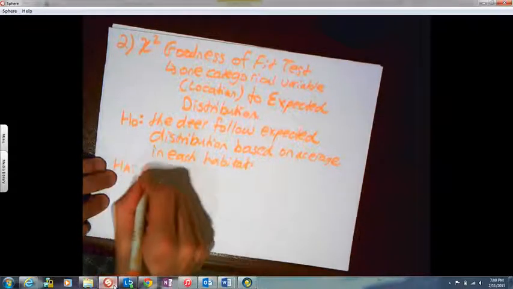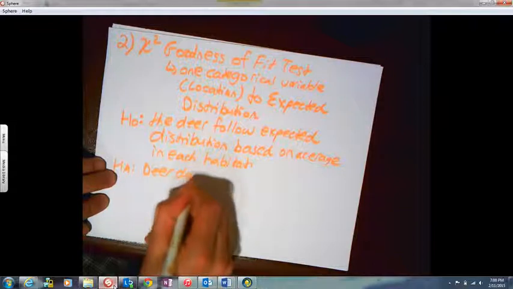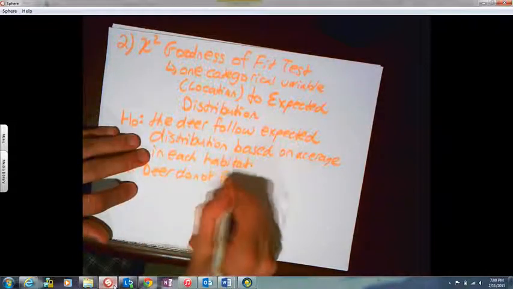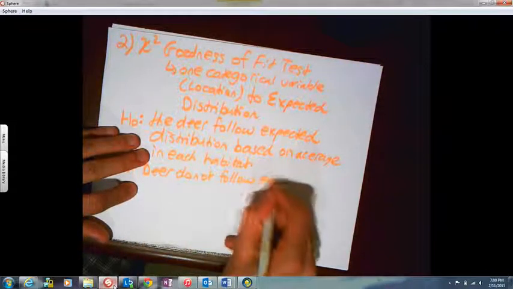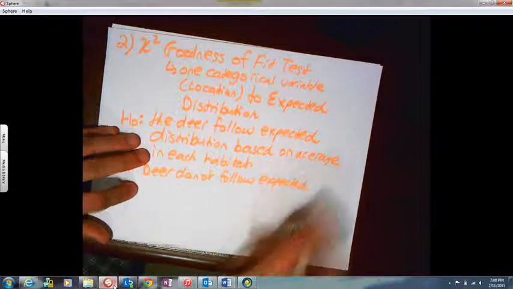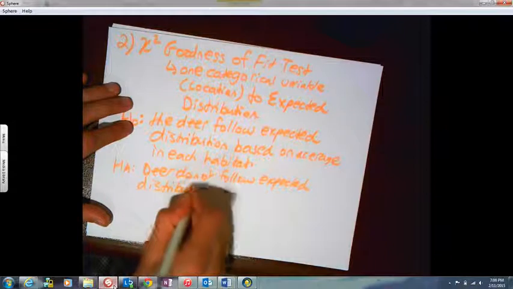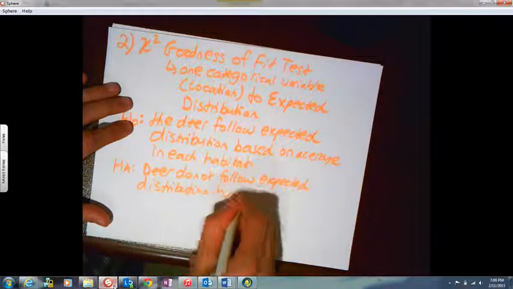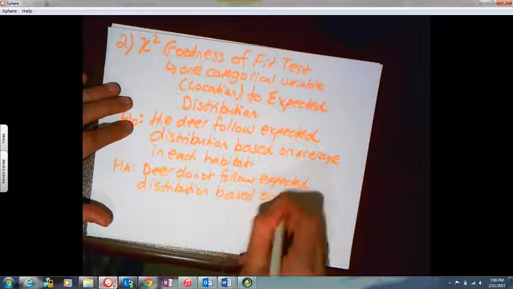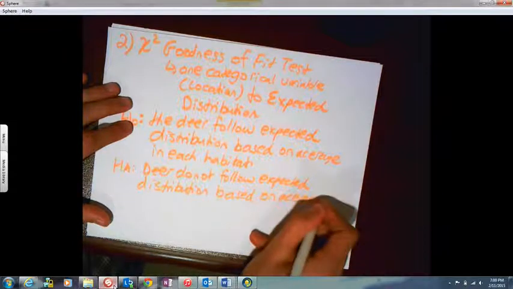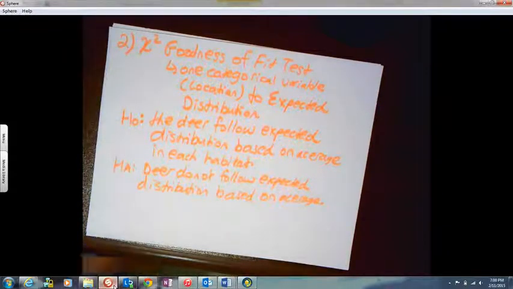And the alternative is deer do not follow the expected distribution based on acreage. So we named the test, we identified the hypotheses.